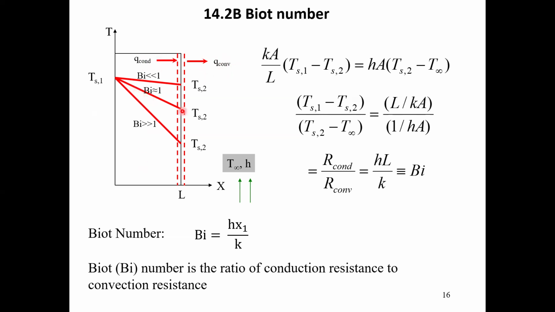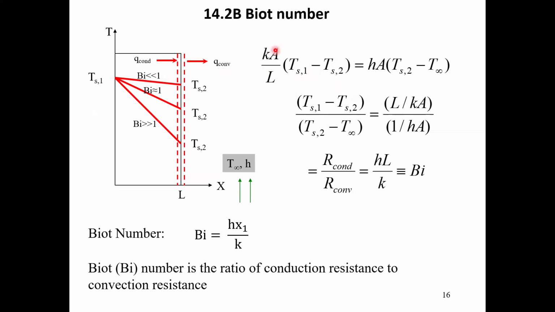If we consider this material's temperature at either end to be TS1 and TS2, and since we are talking about unsteady state, this TS2 changes. Irrespective of what TS2 is, the rate of heat transfer at that moment via conduction would be equal to the rate of heat transfer via convection.